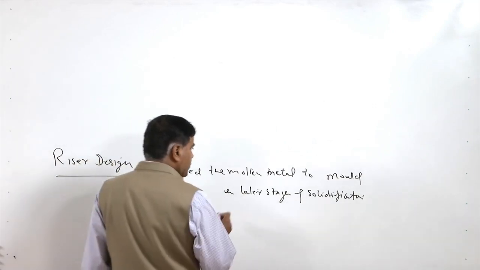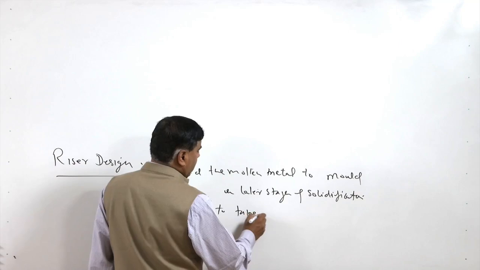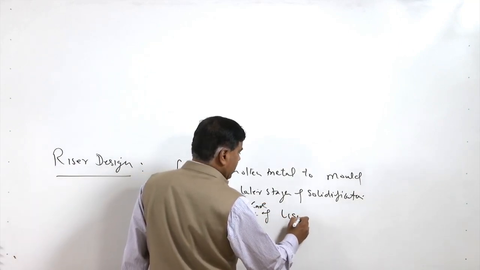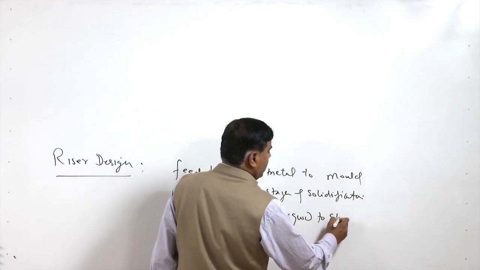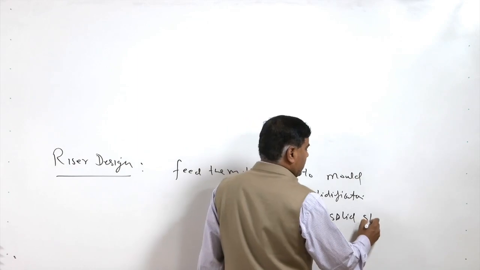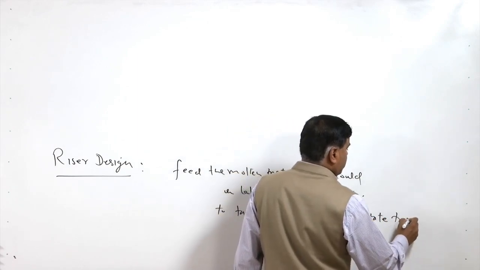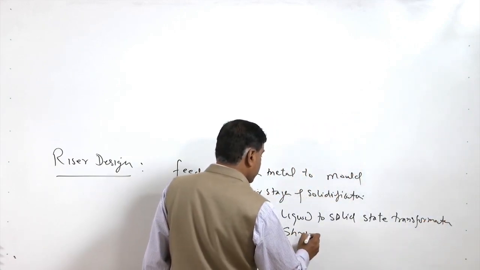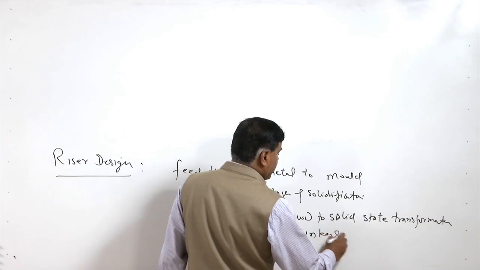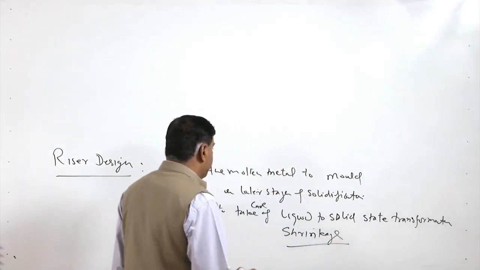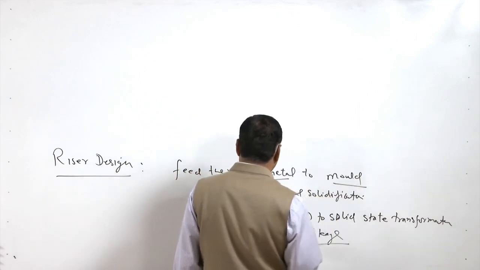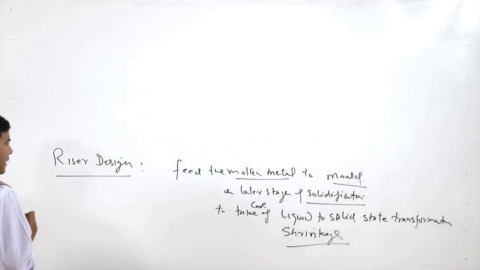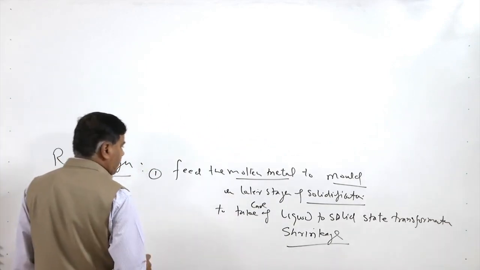The primary goal is to take care of the liquid to solid state transformation shrinkages. So, shrinkages occurring due to this liquid to solid state shrinkage, that is taken care of by feeding the molten metal to the mold in the very later stages of the casting, so that the sound casting can be made. This is the one purpose.